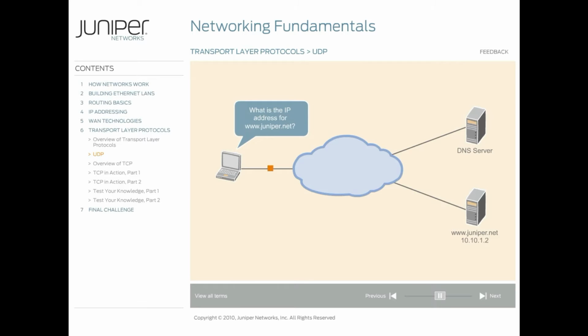Earlier we learned that DNS translates user-friendly computer host names, such as www.juniper.net, into IP addresses, such as 10.10.1.2. Notice that in this example, we're using an address from the private IP address space, not the Juniper network's public IP address. The client can then request a web page from the server using its actual IP address.